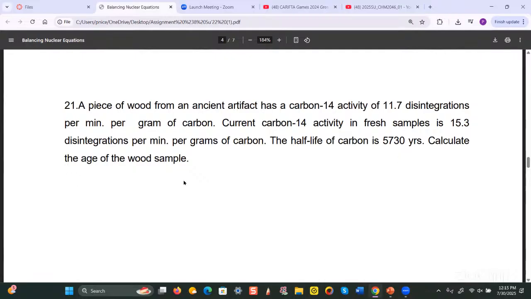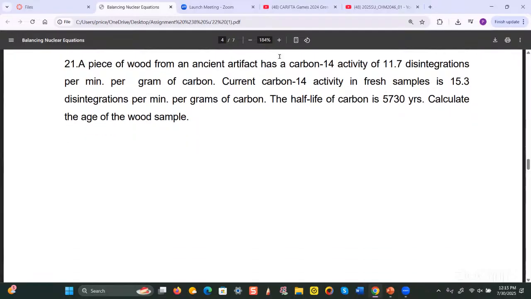So the equation we're going to use to solve this is the equation that we met before, which is ln A over A0 is equal to minus lambda T. Remember, A is the activity at the current time, A0 is the initial activity.